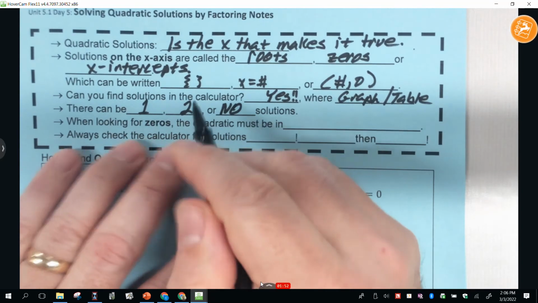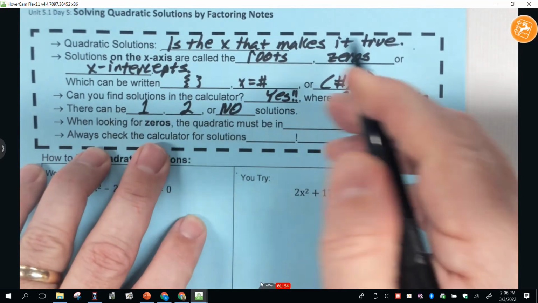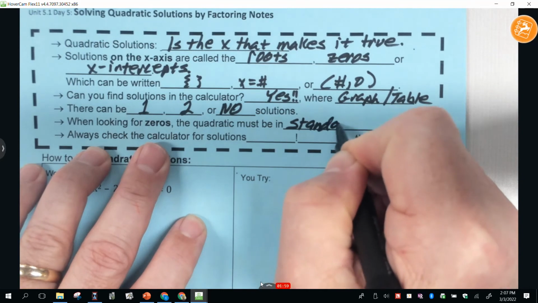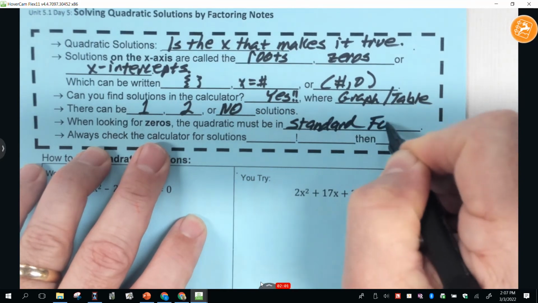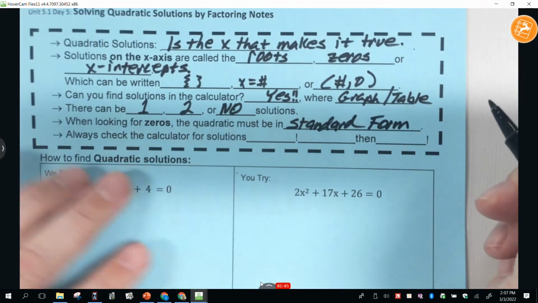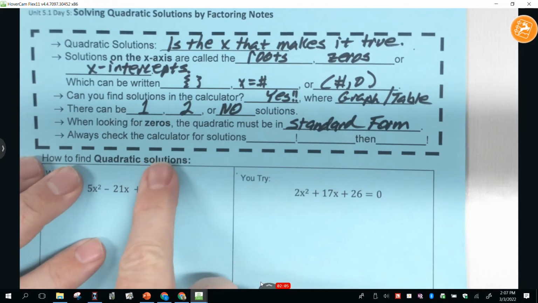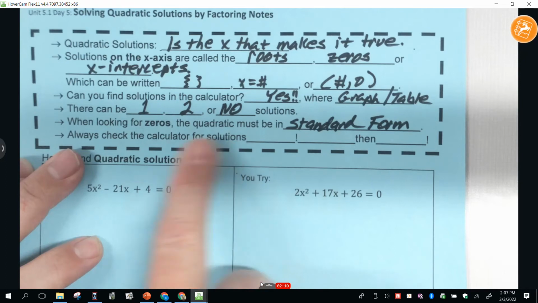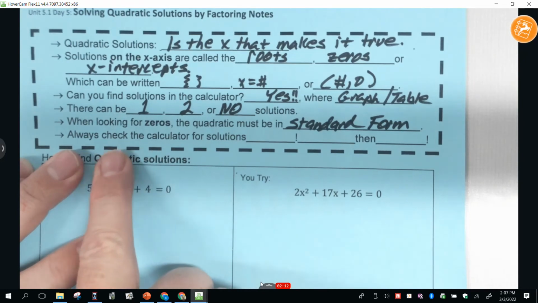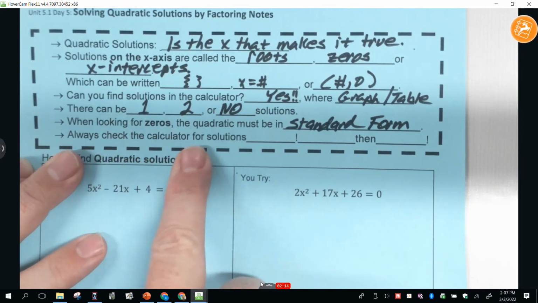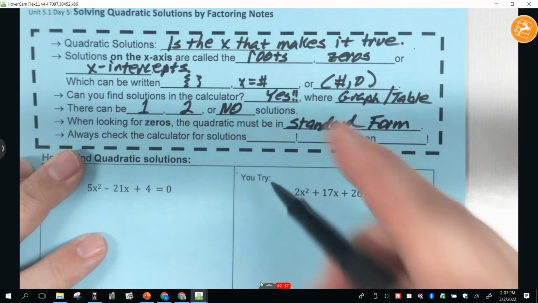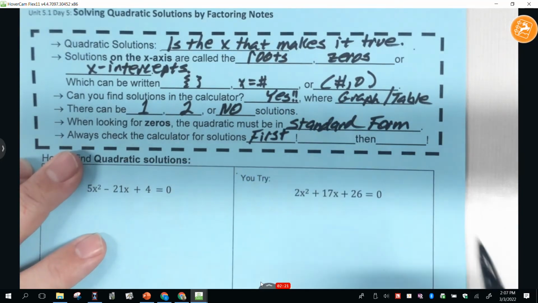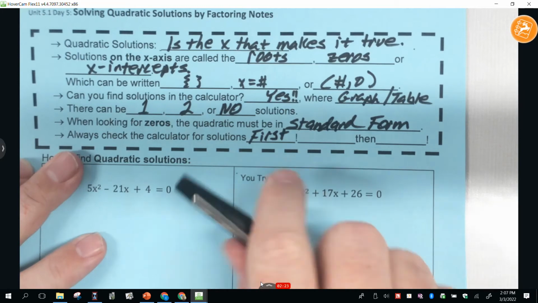And when we look for the zeros, this is review as well. We had this yesterday. When looking for zeros, the quadratic must be in standard form. Before we try to find the zeros of any quadratic in standard form, the first thing we want to do is always check the calculator for solutions first.